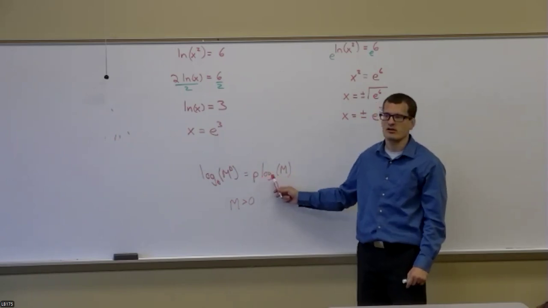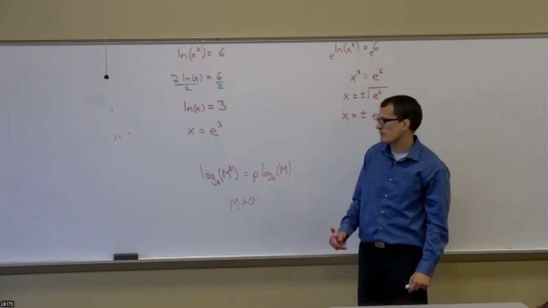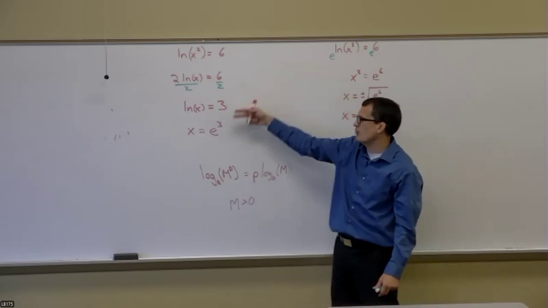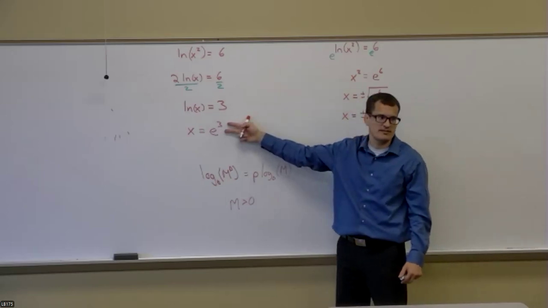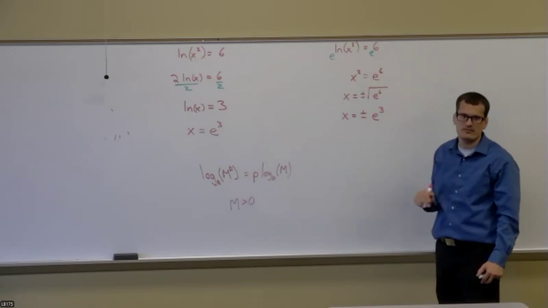You can't take the log of a negative number. So that would be undefined. So if I'm using the power rule, I'm only going to get the positive version of the answer. Here, I got both the positive and negative version of that answer.